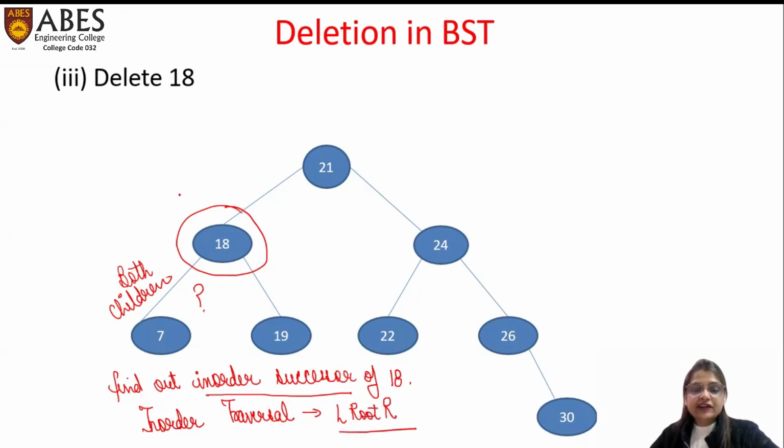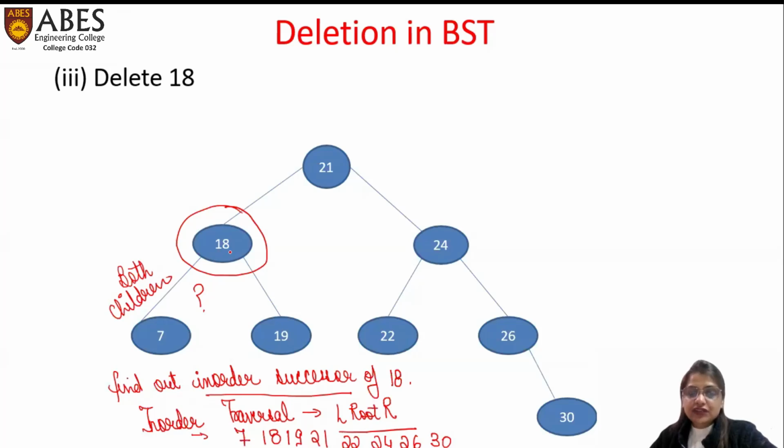So the in-order traversal of this tree will be left, root, and right. It will be 7, 18, 19, 21, 22, 24, 26, and 30. This is the in-order traversal corresponding to this binary search tree.